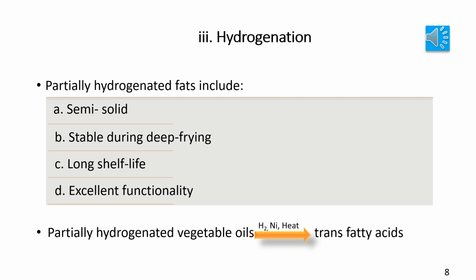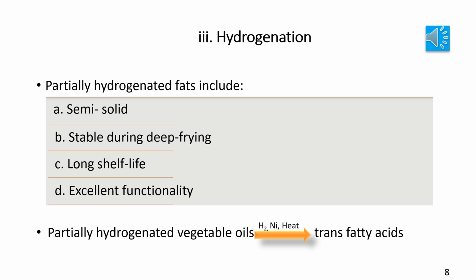Second point is that it is stable during deep frying. Like when we deep fry anything, it remains stable. Third point is that it has a long shelf life, like a long expiry date. So the products we are choosing have a long shelf life, so they remain safe until the expiry date.